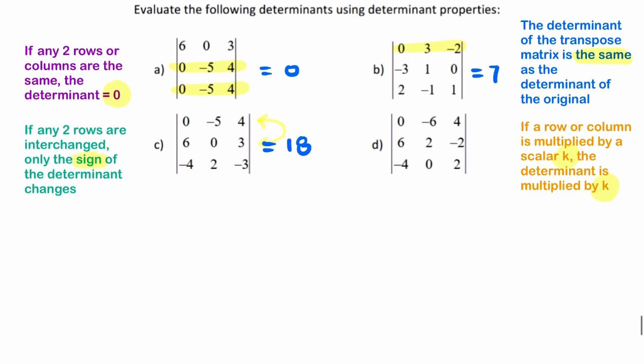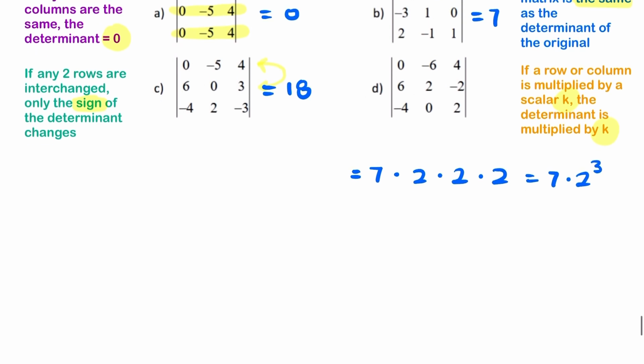So the determinant here will be equal to 7 times 2 times 2 times 2, or 7 times 2 cubed. So that's 8 times 7, 56.